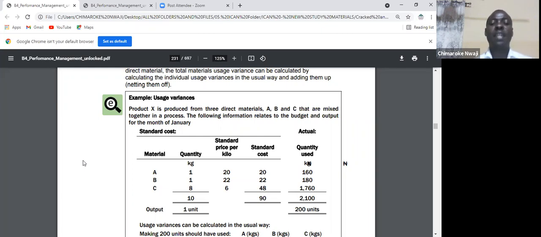So when you add the cost for A, 20 naira, that of B, 22 naira, and that of C, 48 naira, you have 90 naira for 1 unit. That is the standard cost for 1 unit.